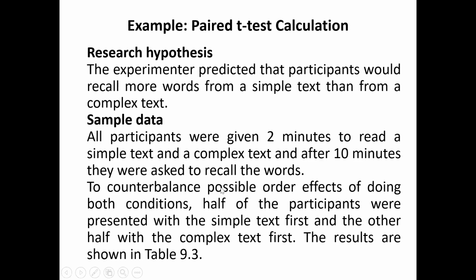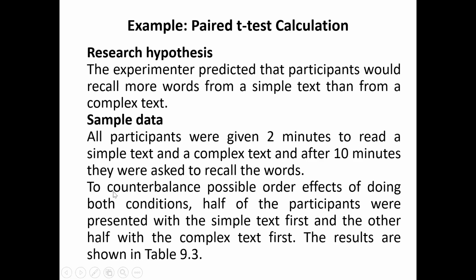They were given 2 minutes to read the complex text, and after the same 10 minutes, they were given time to record the words. So this is a typical example of data that we can use for the paired sample t-test.